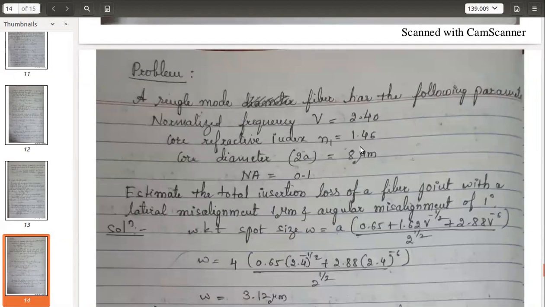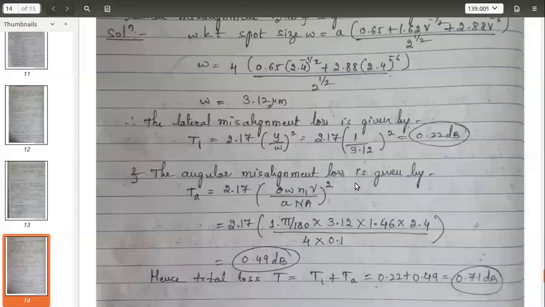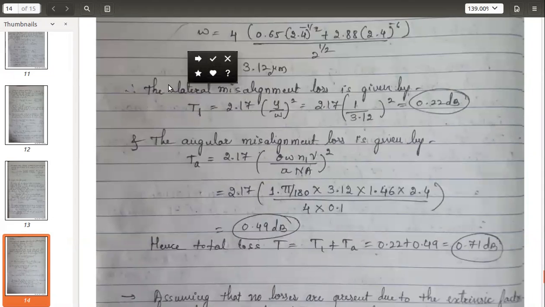Diameter is 2a, 8 micrometer, so the radius will be 4 micrometer. Both are in micrometers, so they will get cancelled. That's why I have taken only the numbers 4 and 3.12, not the powers of ten. So TL is 0.22, and angular misalignment is 0.49 dB.